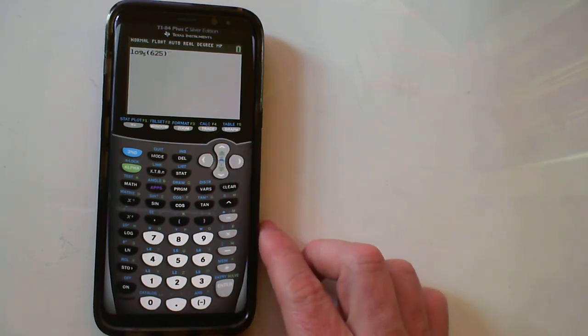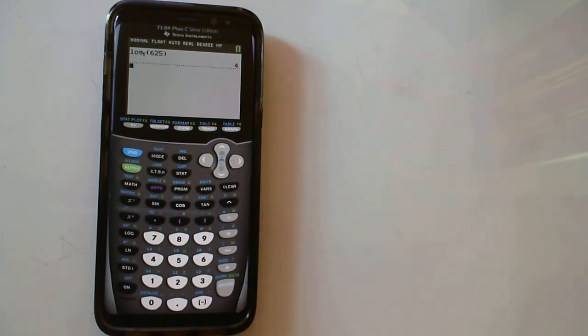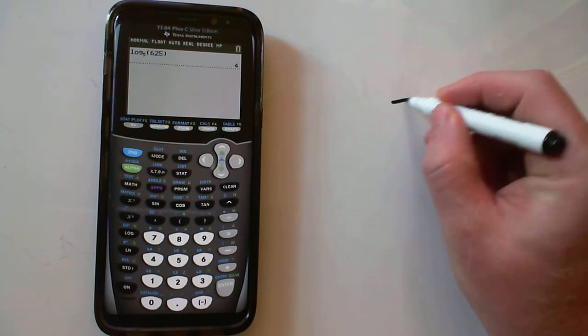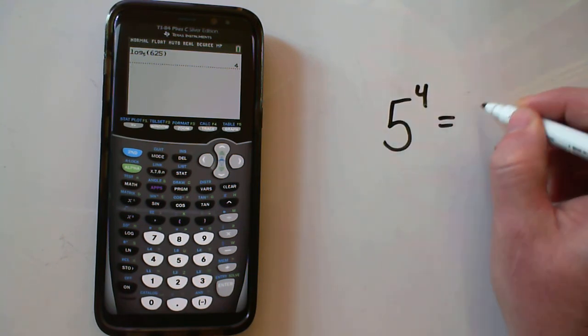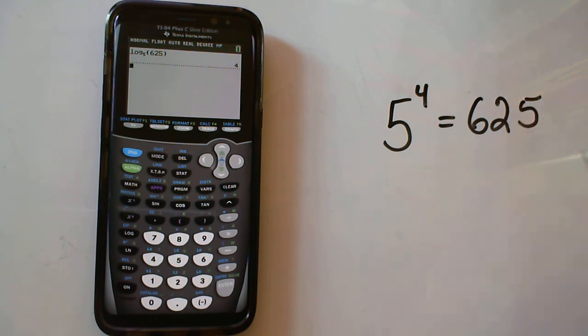So log base 5 of 625 is 4 because 5 to the fourth power equals 625. If you have an older calculator like a TI-83, there is a way to do that. It's called the change of base formula, and it is something that we will talk about in the next video. But that should get you started with logarithms.